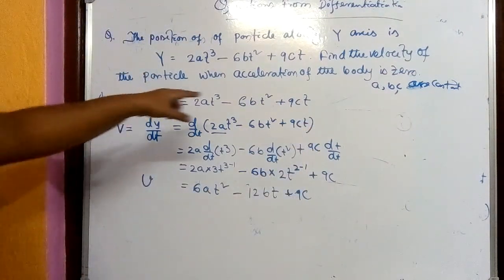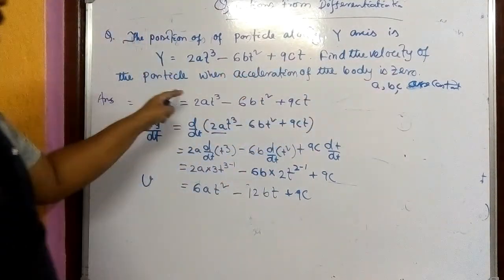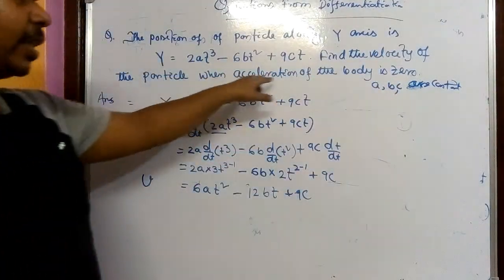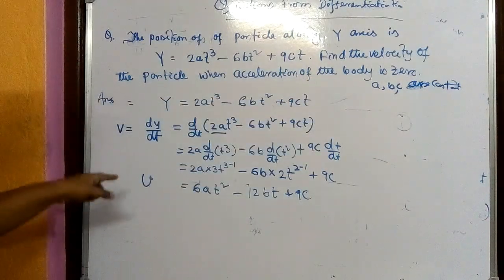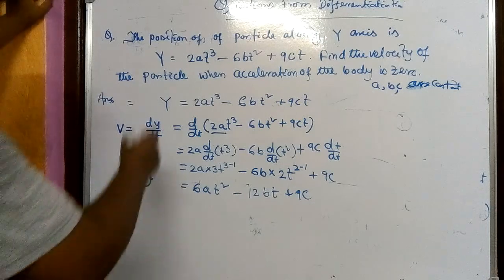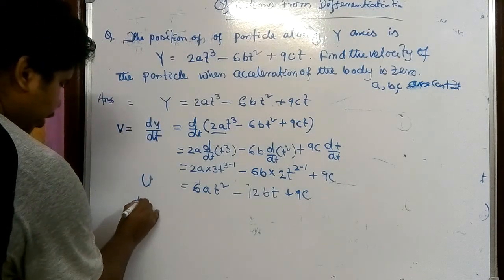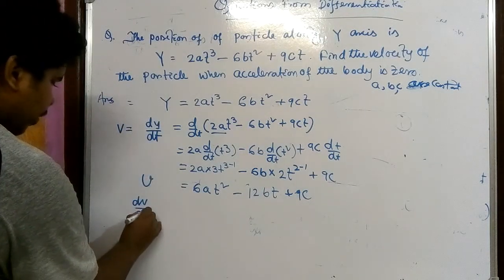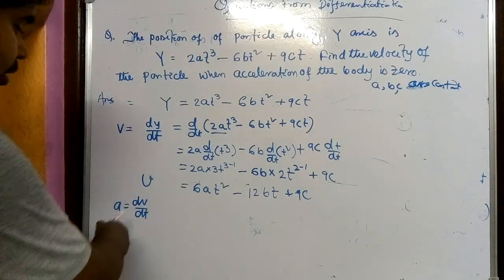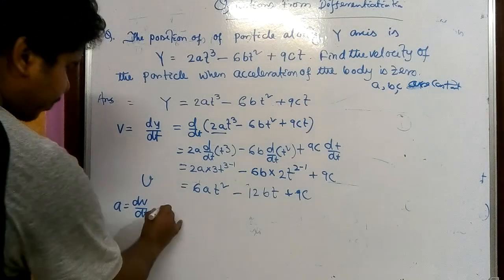Now it is asked to find the velocity of the particle when acceleration of the body is 0. So to make the acceleration 0, we need to find the acceleration. Here velocity is given. So let's find the acceleration dv by dt, because this is the acceleration, differentiation of velocity with respect to time, because that will give the slope.